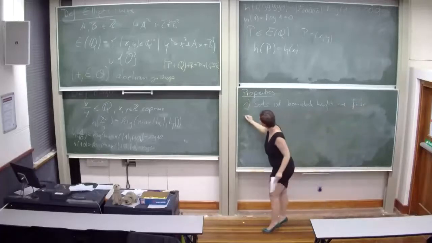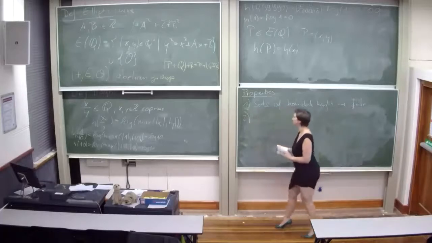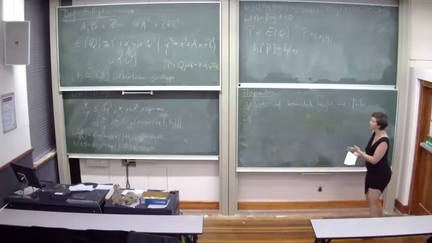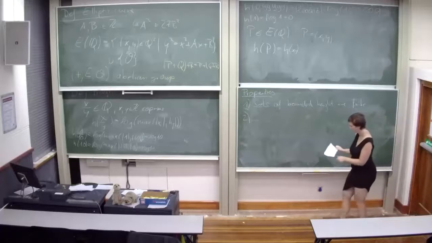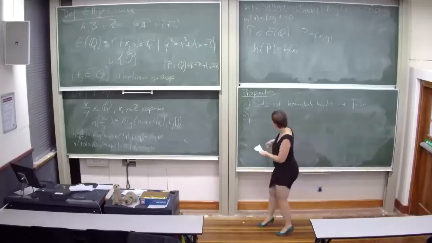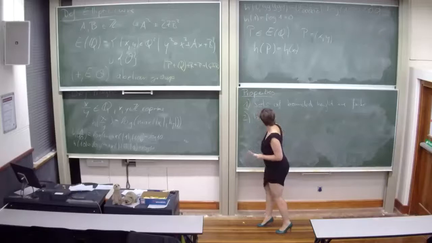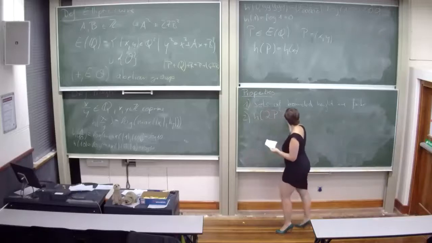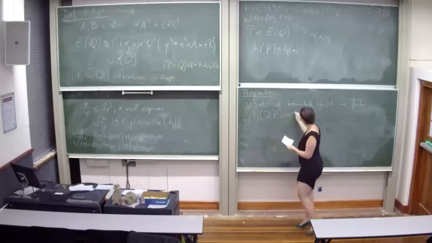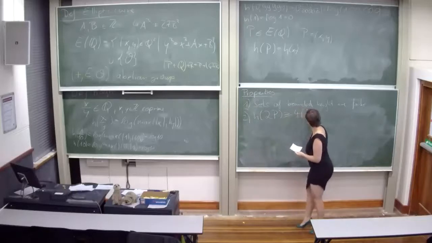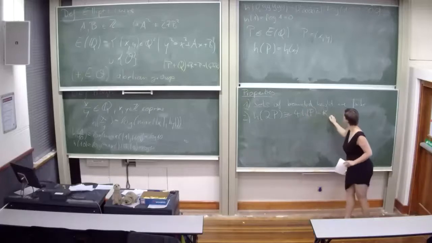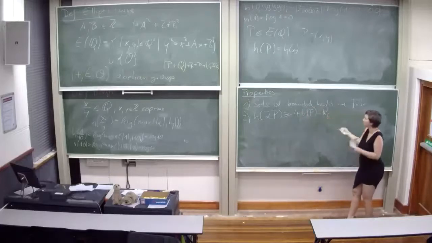The next property is probably also one reason why elliptic curve cryptography is so much better: the height of 2P is more than 4 times the height of P minus some constant that only depends on E. What does that mean?